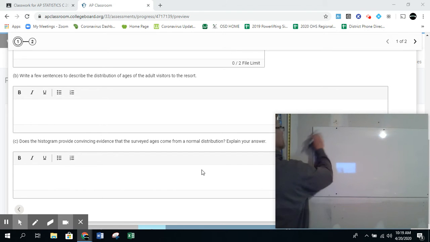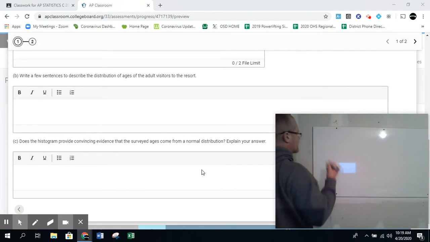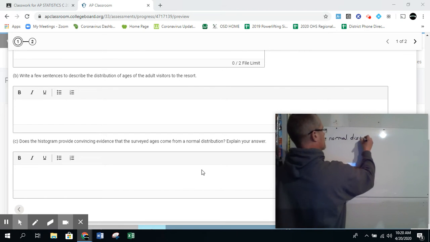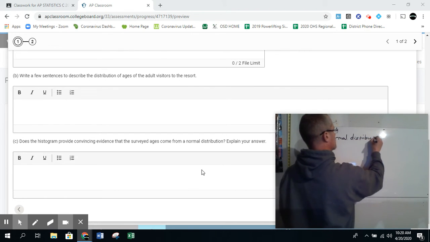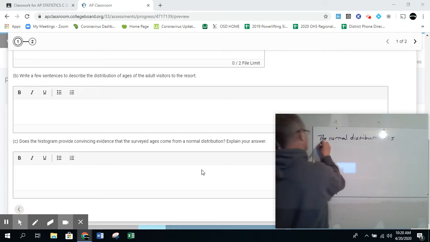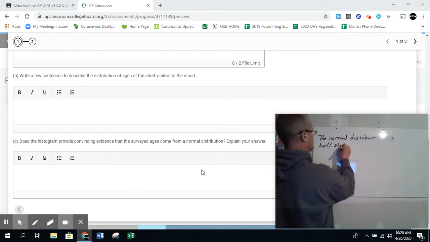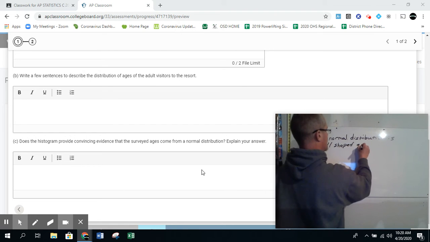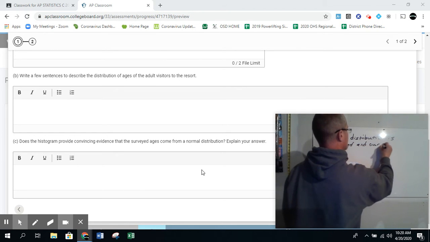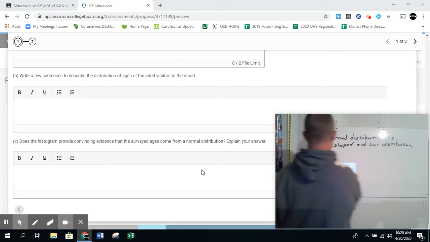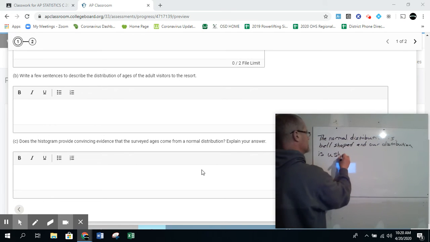Okay? So you would say, in this situation, a complete response would be: the normal distribution is bell-shaped and our distribution is U-shaped.